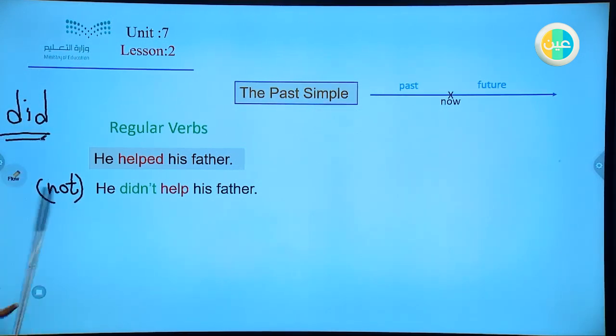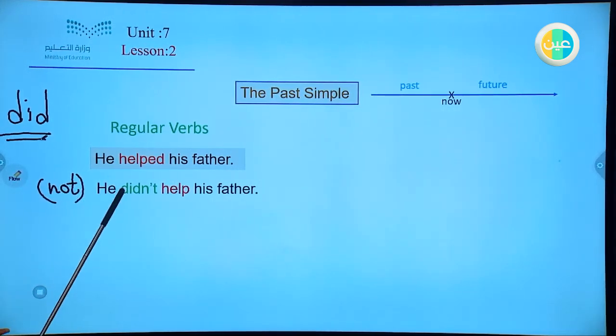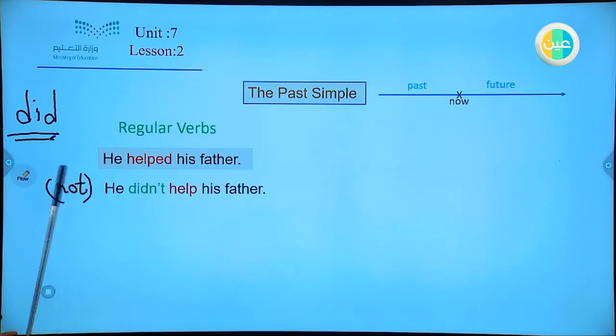Let's start here. He, so what would I do? I add the auxiliary with the not, and then the verb in the base form. So what happened here? He didn't, did with not. This is the short form, the contraction. He did not, didn't help his father. So this is the negative form.